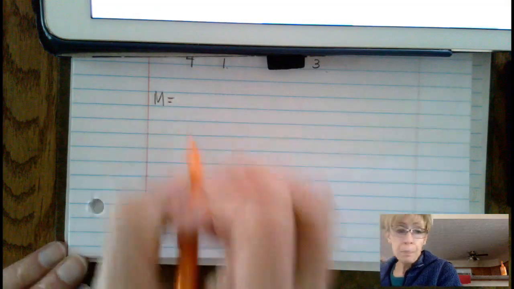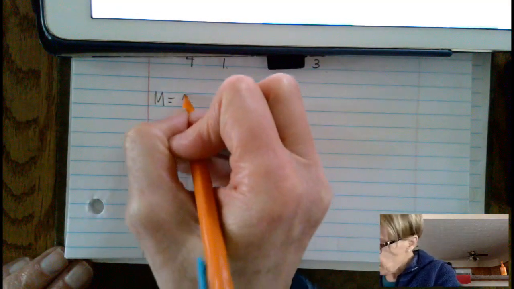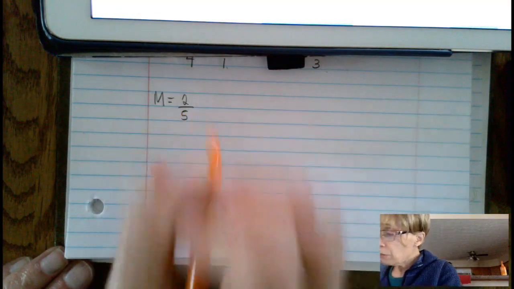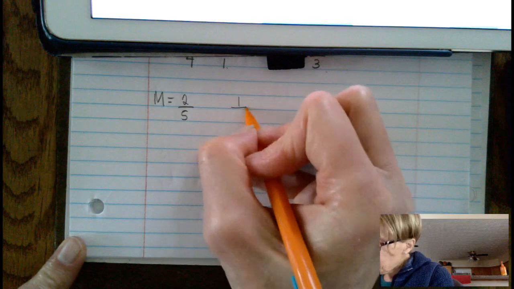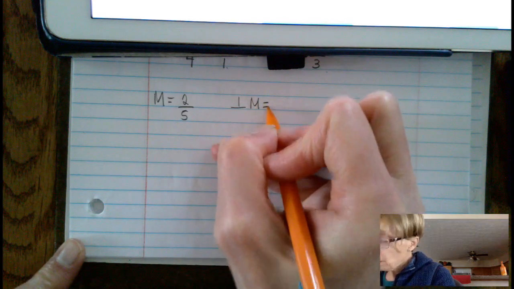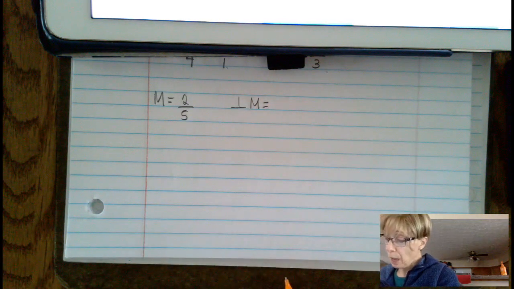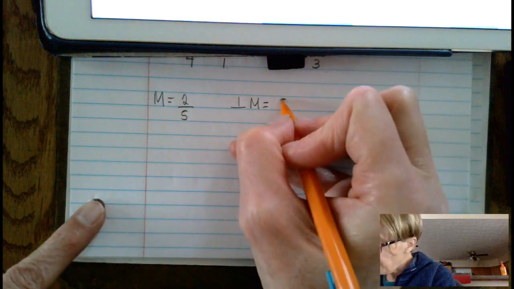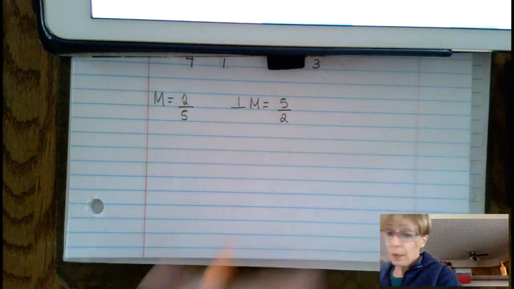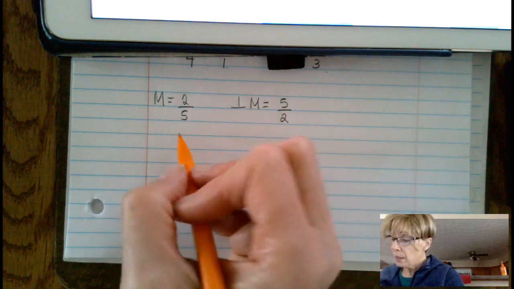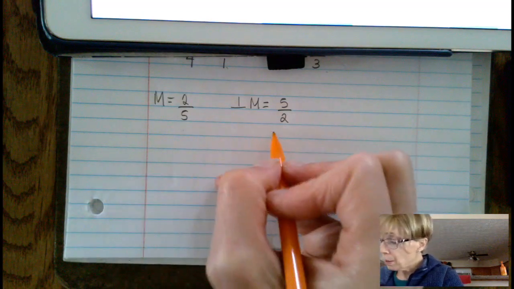The equation's written in slope-intercept form. It's the number in front of the x, called the coefficient, which means that for our perpendicular slope we're going to have to take the opposite reciprocal. So we flip to 5/2, and we need to change the sign. Since this term is positive, this term is going to be negative. So -5/2.